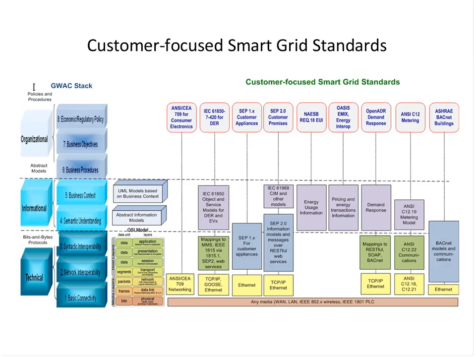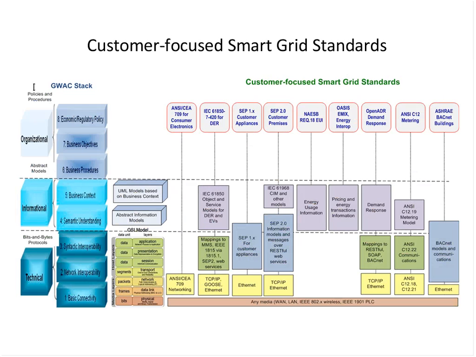These are some of the protocols that are more customer-focused, and as you can see, there is a consumer electronics standard, the CEA 700. Then you've got the 61850-7-420, which is a subset of the 61850 protocols focused on distributed energy resources.